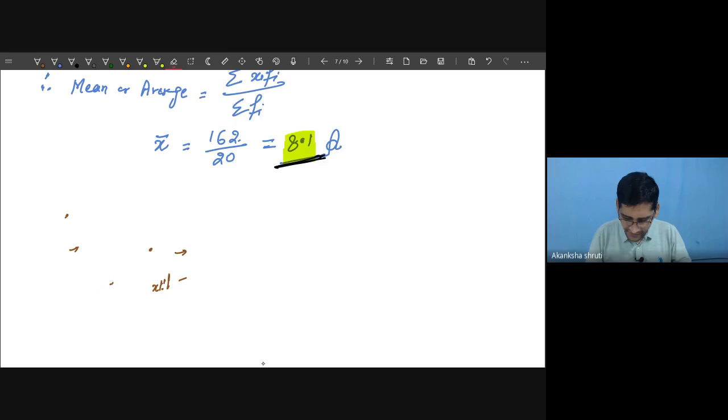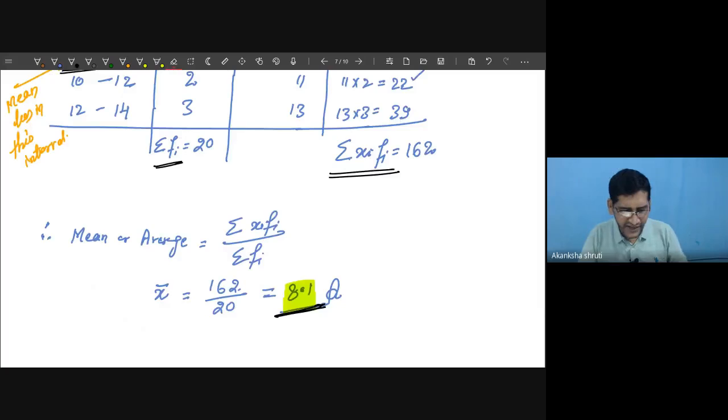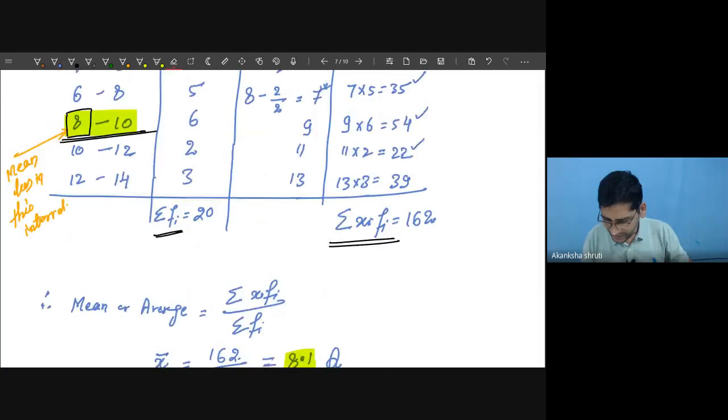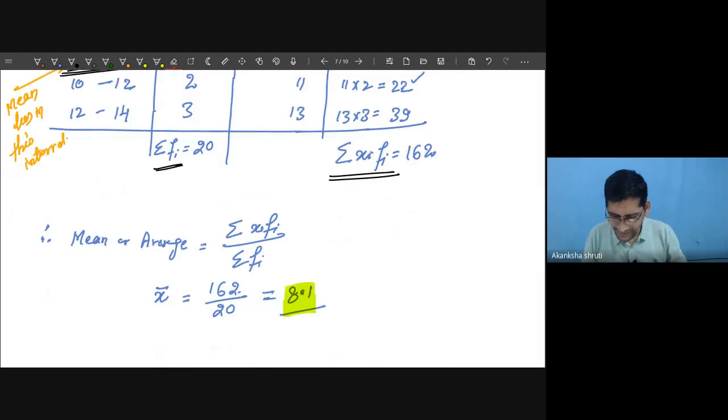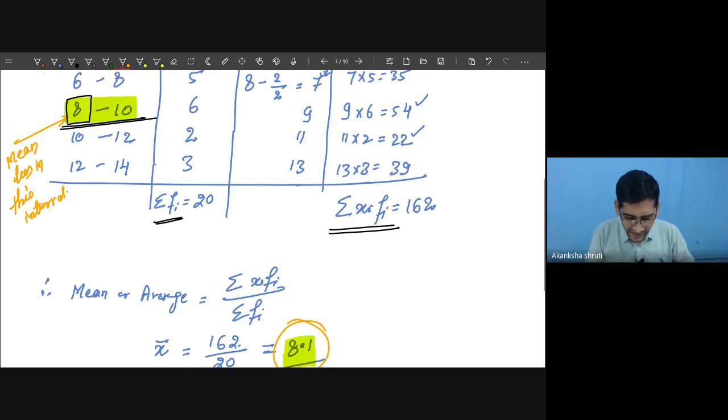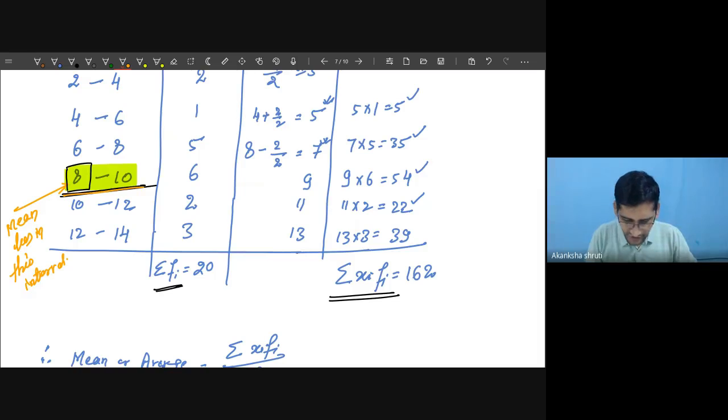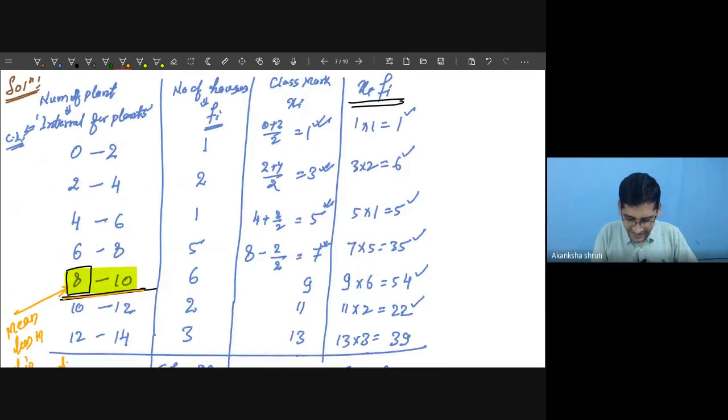Students, here we are observing that the mean 8.1 that we have observed here is in some class interval.